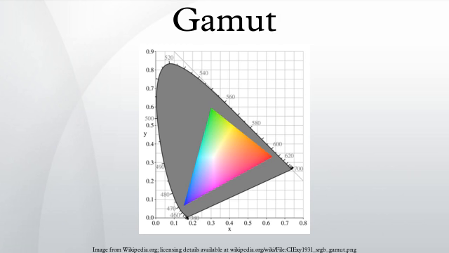When certain colors cannot be expressed within a particular color model, those colors are said to be out of gamut. For example, while pure red can be expressed in the RGB color space, it cannot be expressed in the CMYK color space. Pure red is out of gamut in the CMYK color space.